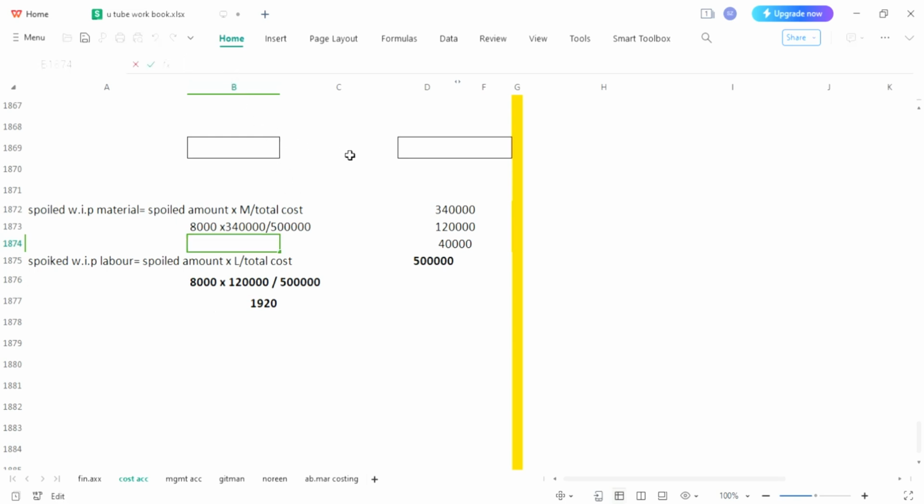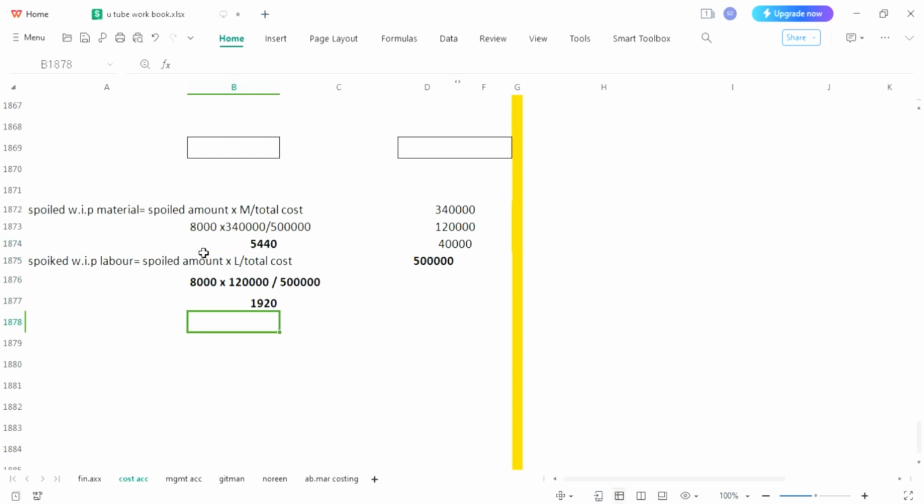Okay, that's the thing. Sometimes Excel doesn't cooperate. 8,000 multiply by 340,000 and divided by 5 lakh. 340,000, 5 lakh, 8,000.